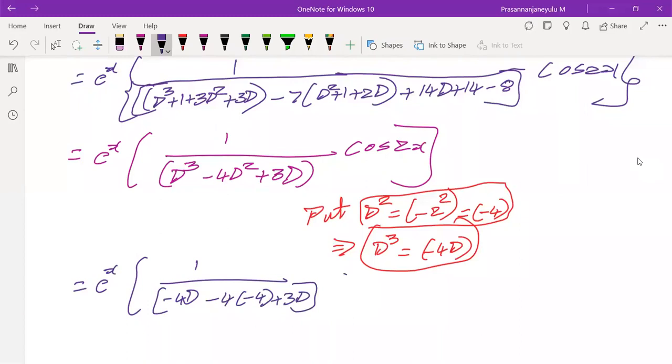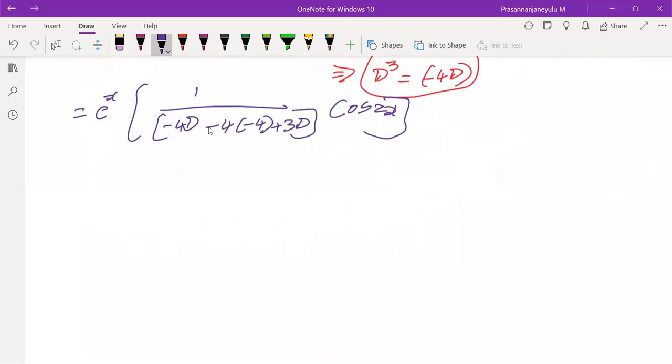This everything is the denominator of cos 2x. Now the denominator part becomes minus 4d plus 3d, which is minus d. So e power x into, minus 4 into minus 4 is 16, 16 minus d of cos 2x.